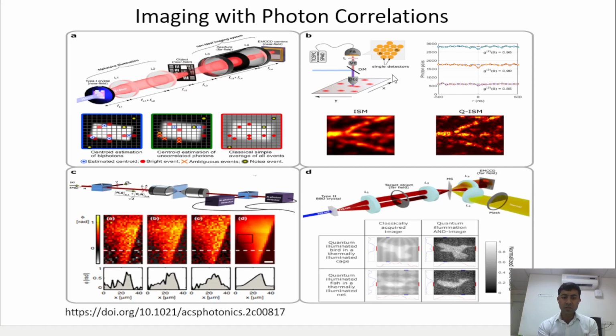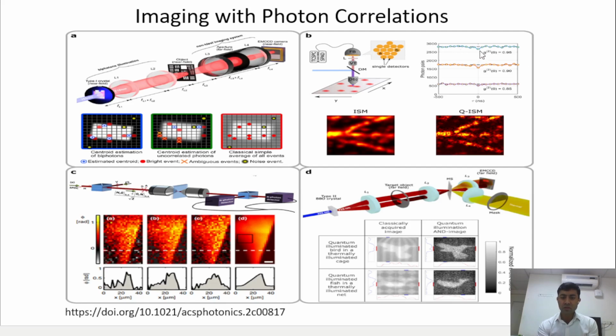The next technique is based on confocal scanning, where the correlation function between pairs of photons is calculated for every scanning step. That is, after each scanning step, the correlation function is calculated.